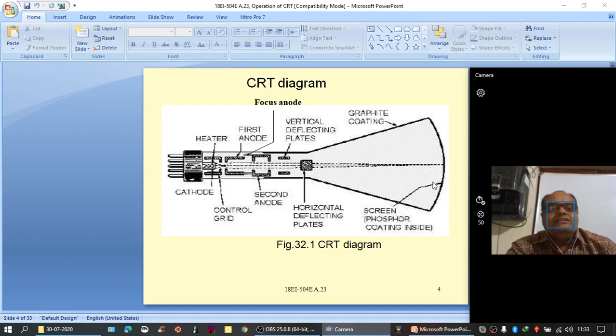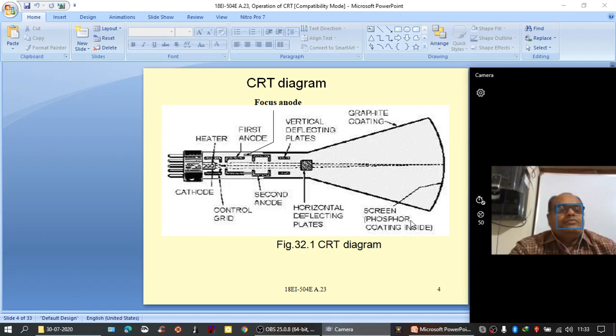How do we get this light? This light is generated because of the property of the material that is applied for the CRO screen. A material called phosphor is used for that purpose.